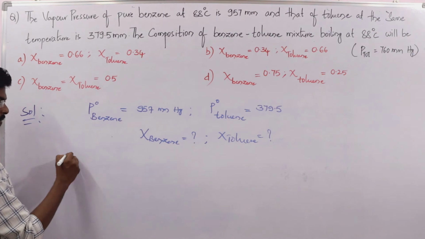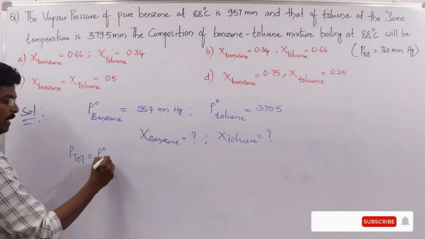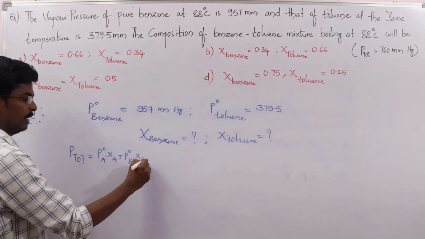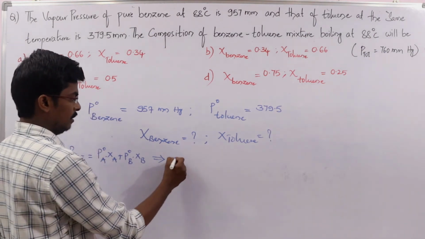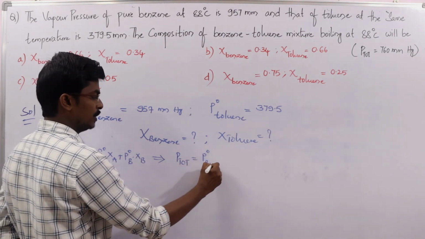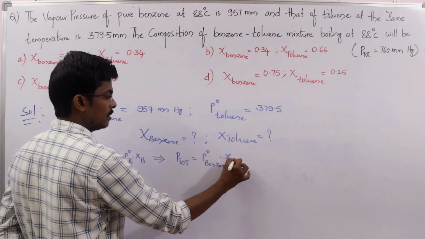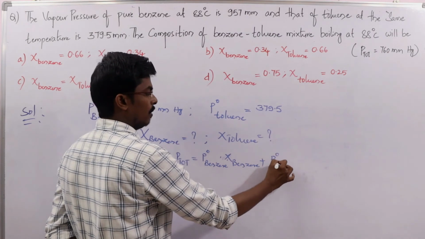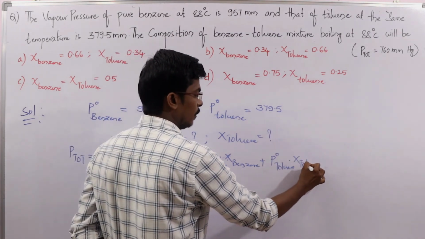According to Raoult's law, the formula is P total is equal to P naught A XA plus P naught B XB. Writing it in terms of benzene and toluene: P total is equal to P naught benzene into X benzene plus P naught toluene into X toluene.